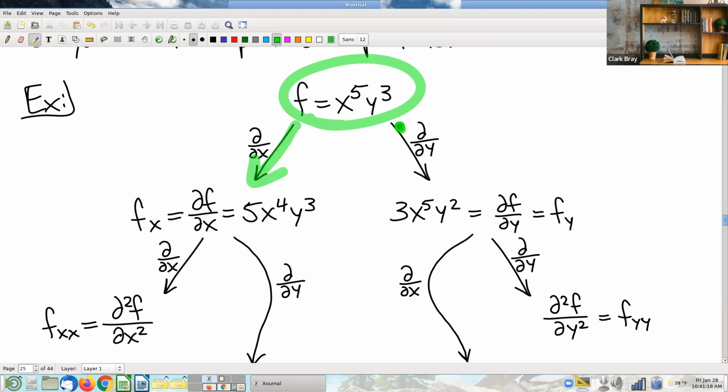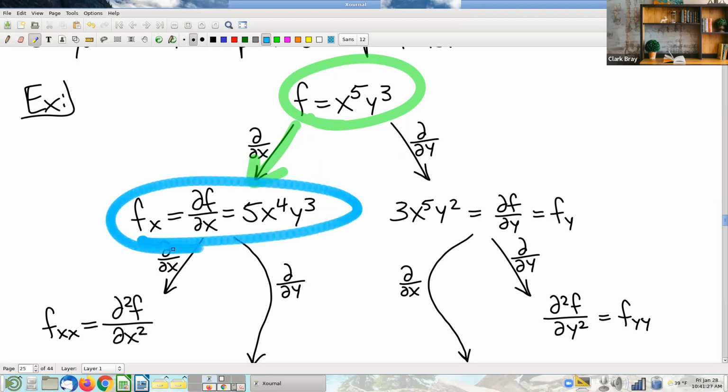I can thus take its x and y partials. And what's the result of taking the x partial? Well, I get this function, which is a function of x and y. And thus I can take its x and y partials, right? So it's just an observation that, yeah, you can do this. Now we'll talk about in a minute, what does this look like? What does it mean?